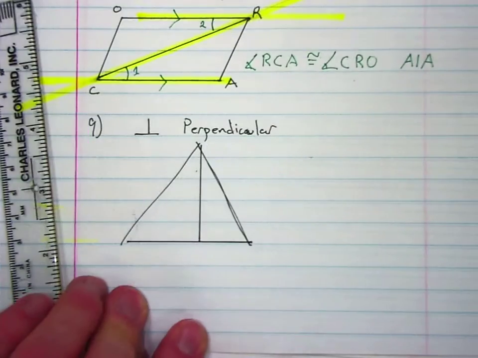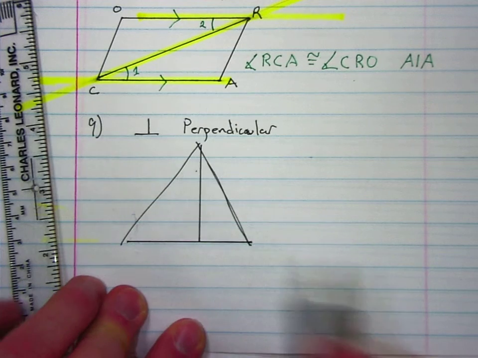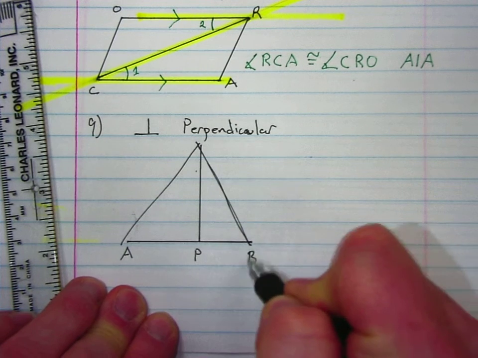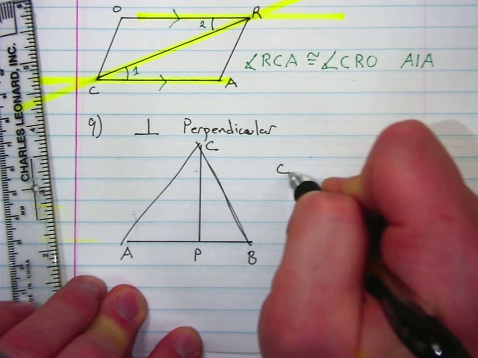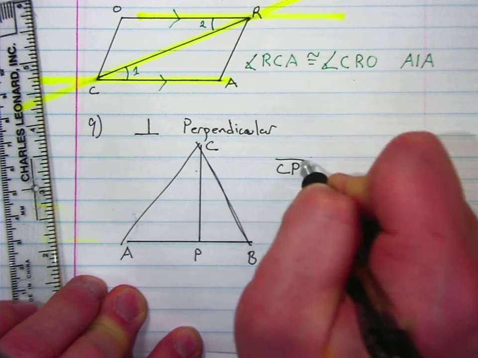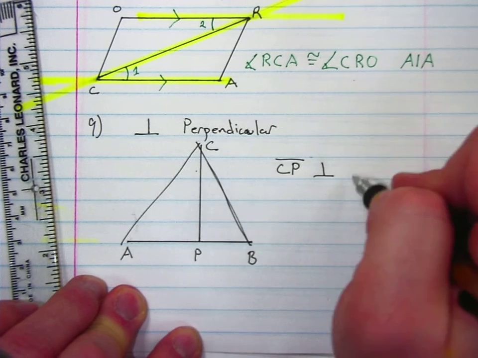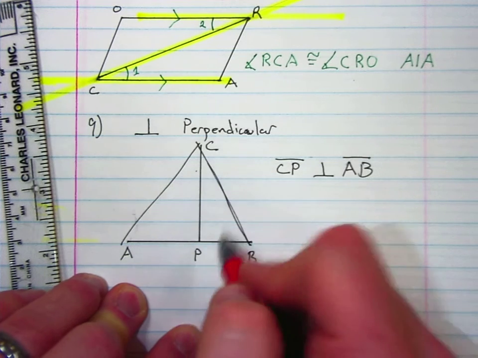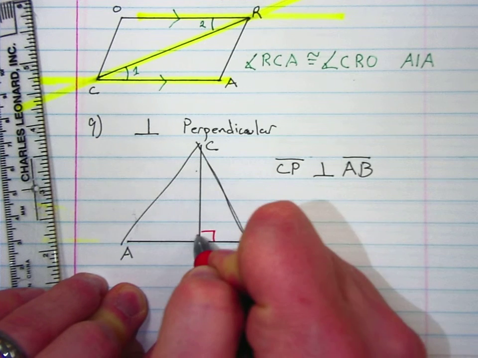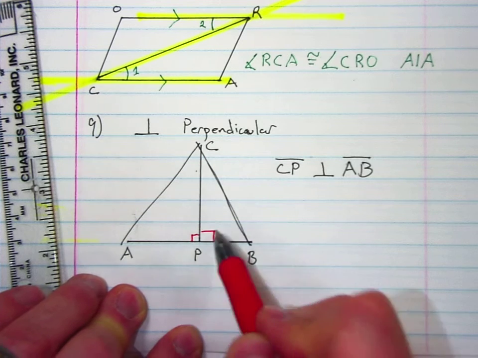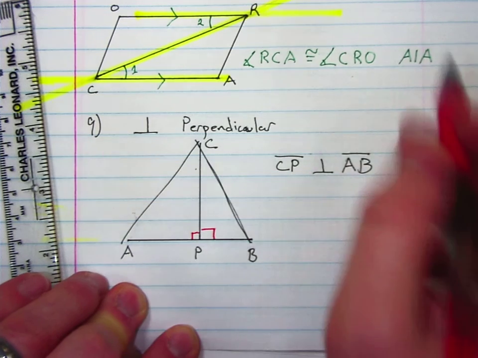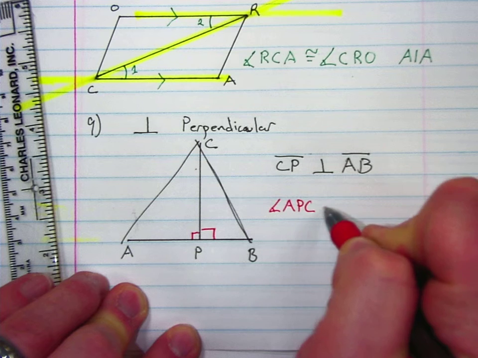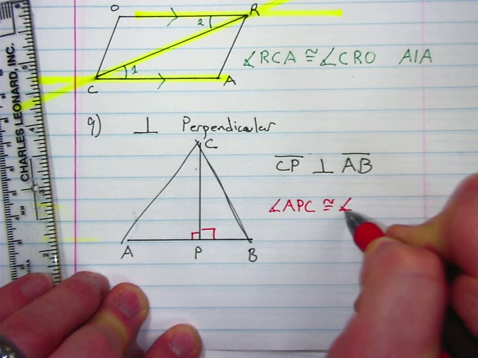So A, P, B, C, if I say that CP is perpendicular, so this will be a given, to AB, well, I know I have a 90-degree angle right there, which also means that that has to be 90 degrees. They are a linear pair. So I can clearly state that APC is congruent to angle BPC.